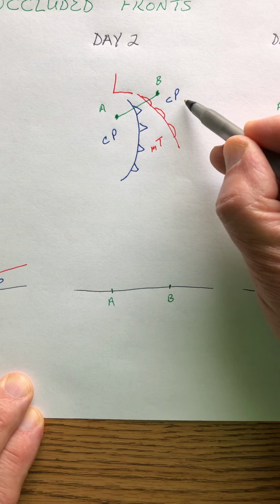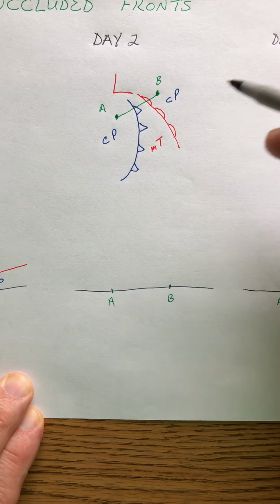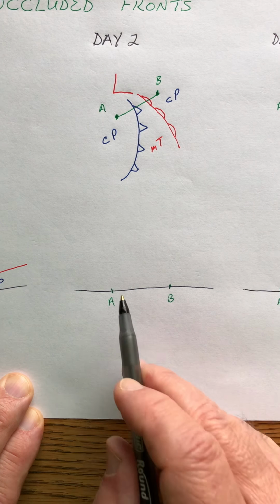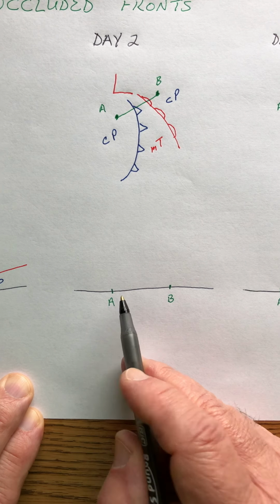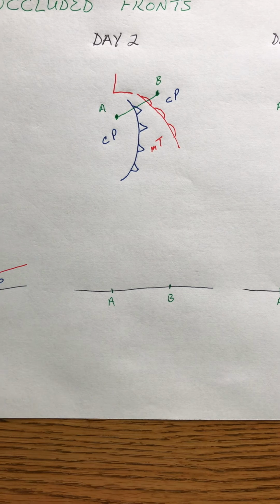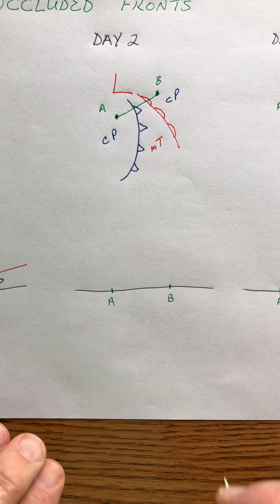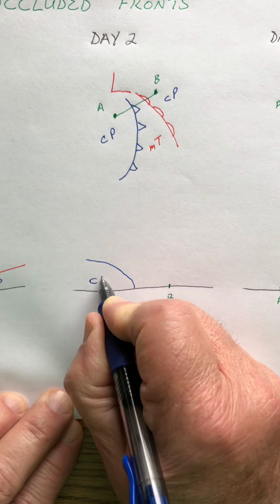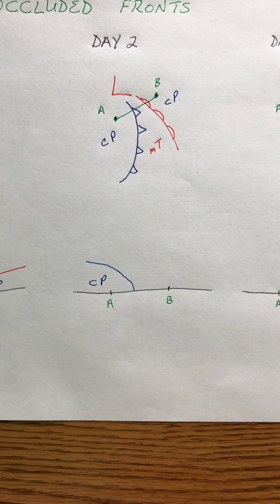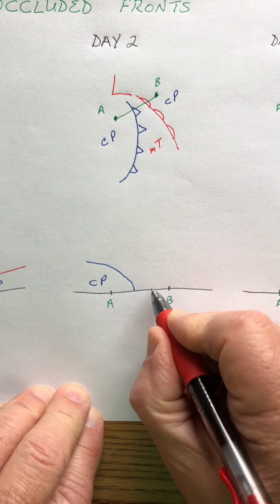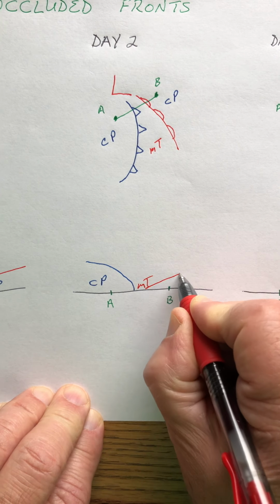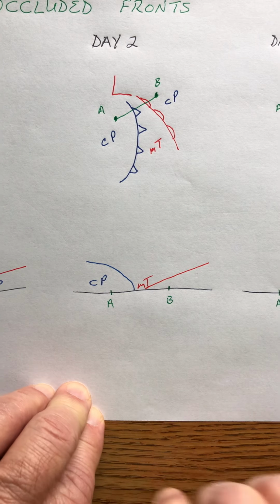This continental polar air is the wedge of a retreating continental polar air mass. So we've drawn in again the cross section here from A to B, and again we'll have our continental polar air and our maritime tropical air, and again our continental polar air here.